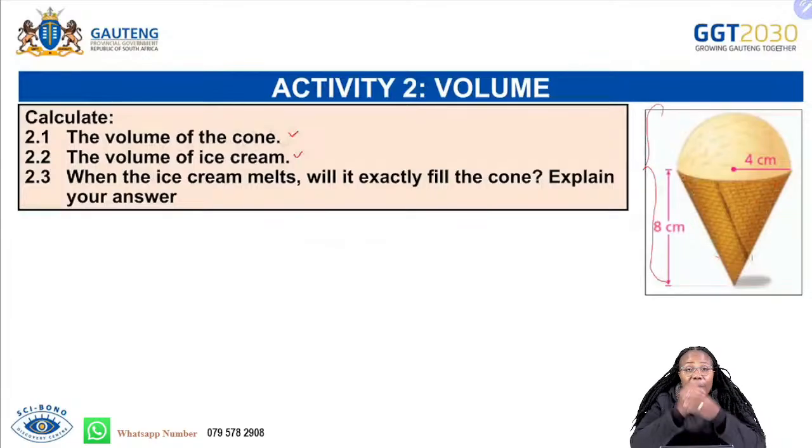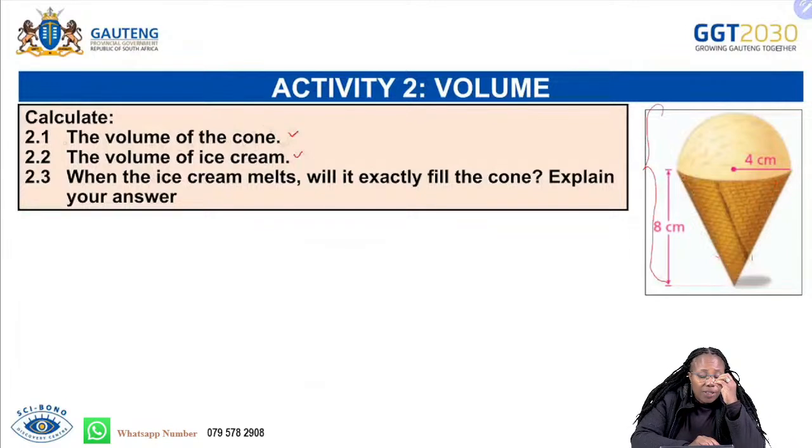Now consider this ice cream is melting. Now you want to check, after melting, will it exactly fill the cone? And then you need to explain your answer, grade 12. Will it fit into that particular cone or not? How will you know that, grade 12? That means you need to calculate.